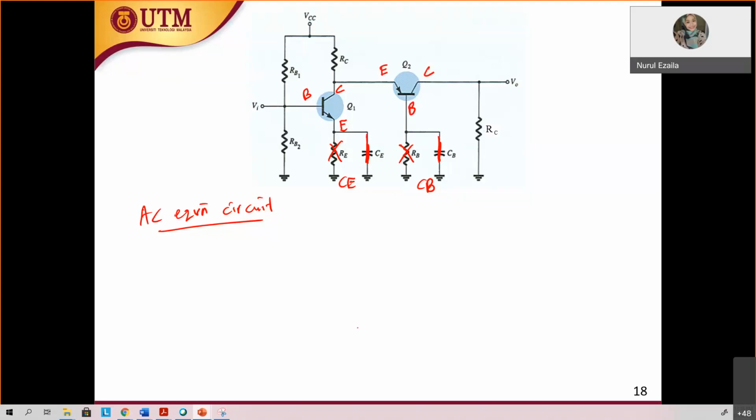Right. So let's draw the AC equivalent circuit. Common emitter is straightforward. You already know it and have mastered it. So this is Q1. This is base. This is V pi 1.